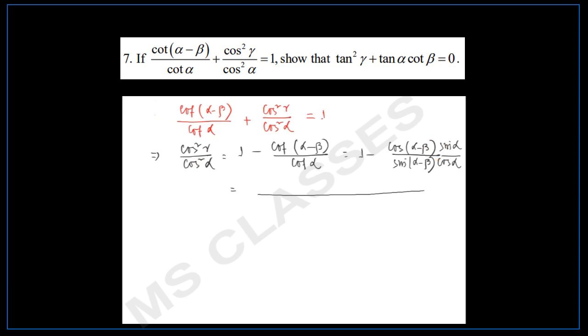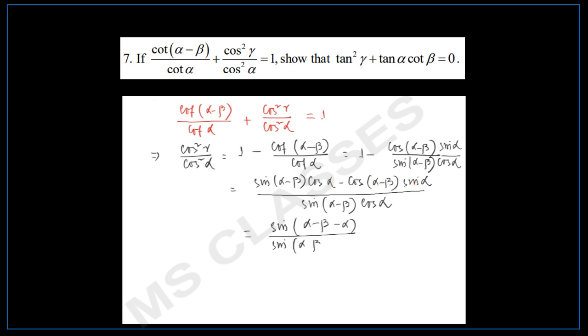Now it is sin(alpha minus beta) into cos alpha. Now sin(alpha minus beta) cos alpha minus cos(alpha minus beta) sin alpha. Now children, sin A cos B minus cos A sin B, sin of alpha minus beta into cos alpha. Now this gives us what?